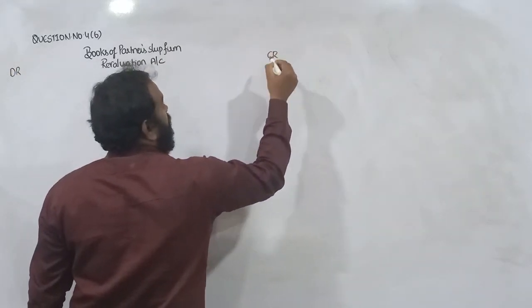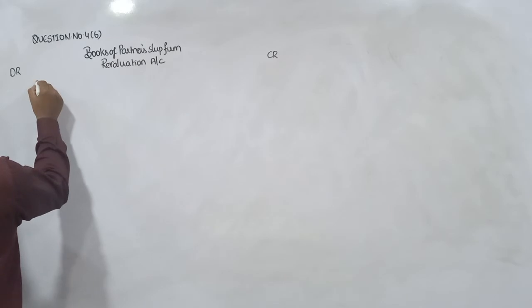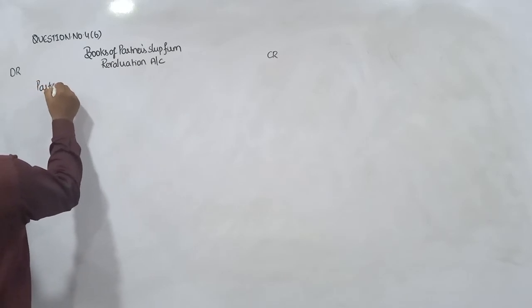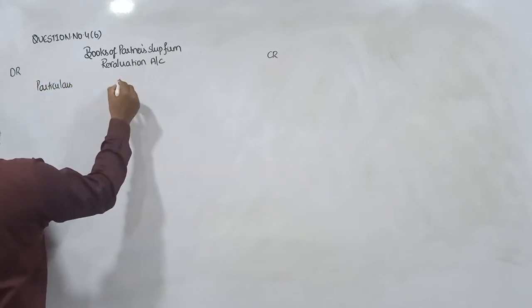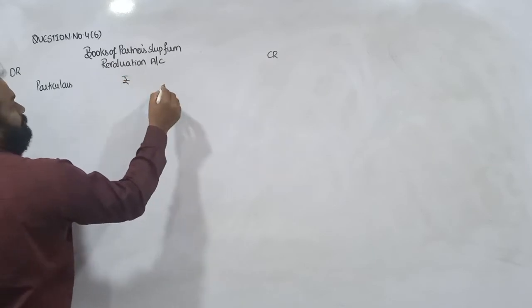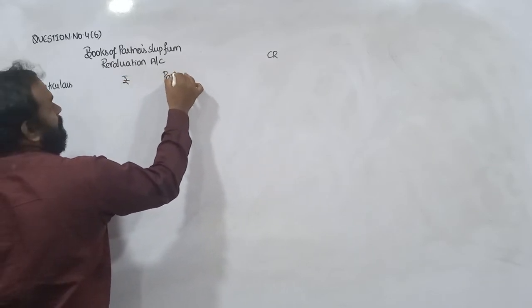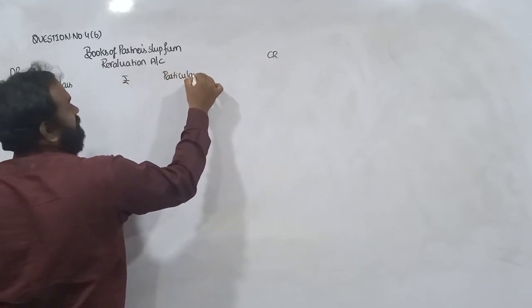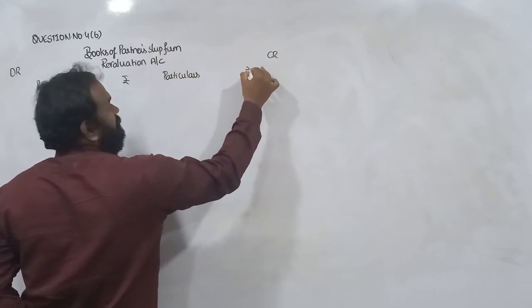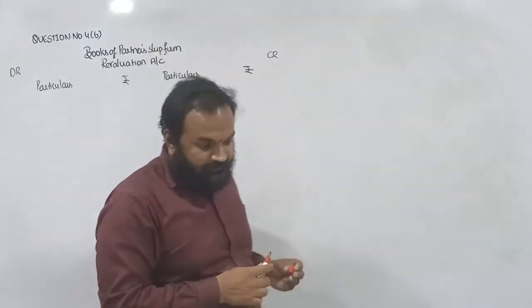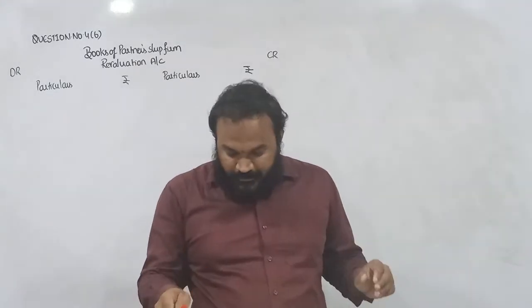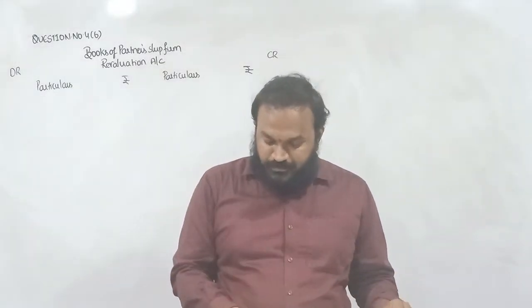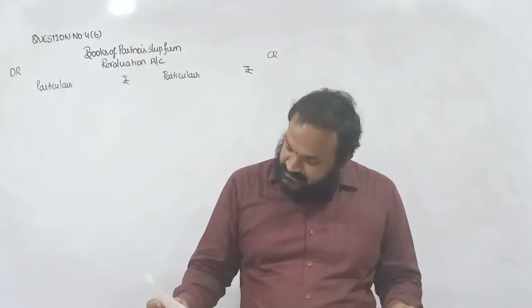Debit, credit, particulars, rupees, particulars, rupees. So everyone clear? Coming to stock and furniture reduced by 10%.